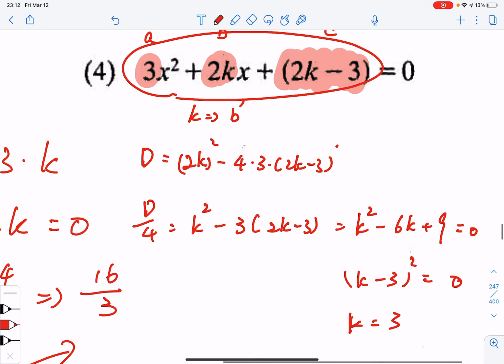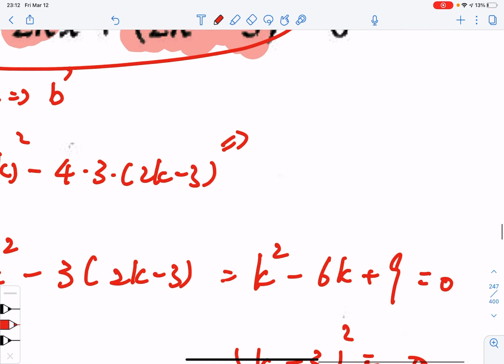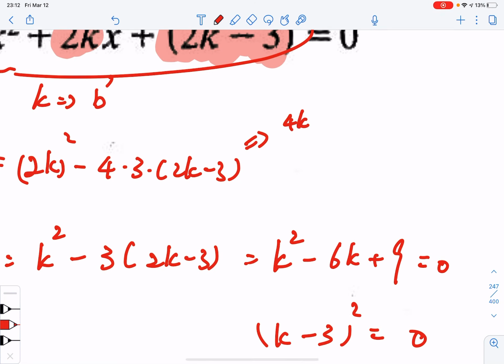Together with this one, let's see if our calculation is sharp enough. 4k squared minus 24k, right? Plus 36 is equal to 0. You notice one thing: you can actually factorize the 4 out. K squared minus 6k plus 9.